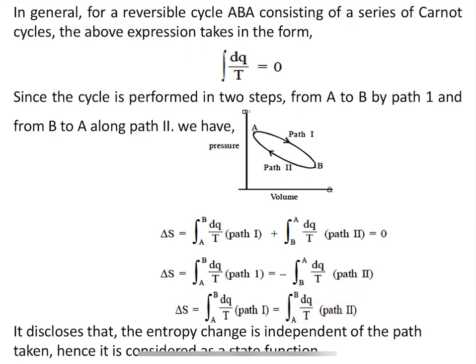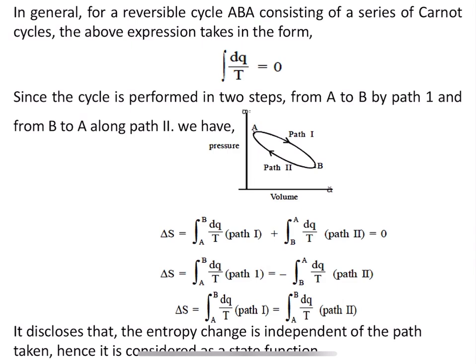From this equation, it follows that the entropy change during the change from A to B along path 1 or path 2 is the same, because path 1 is equal to path 2. The entropy change in path 1 will be equal to the entropy change in path 2.